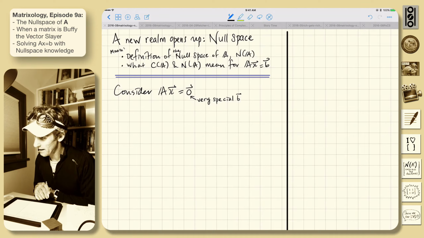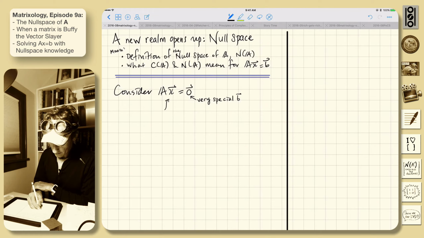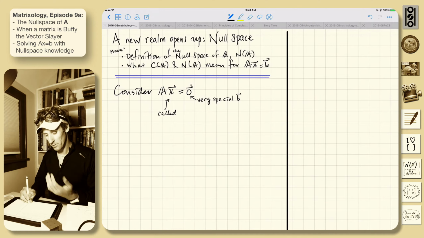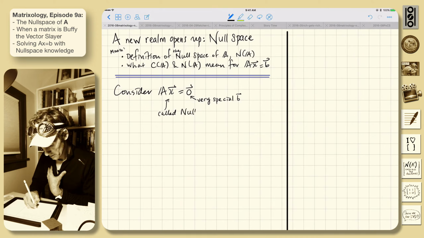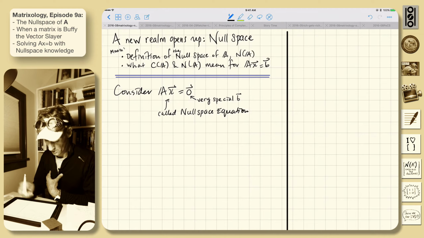Sometimes you'll see this called the null space problem, the null space equation. You'll also see the homogeneous equation.